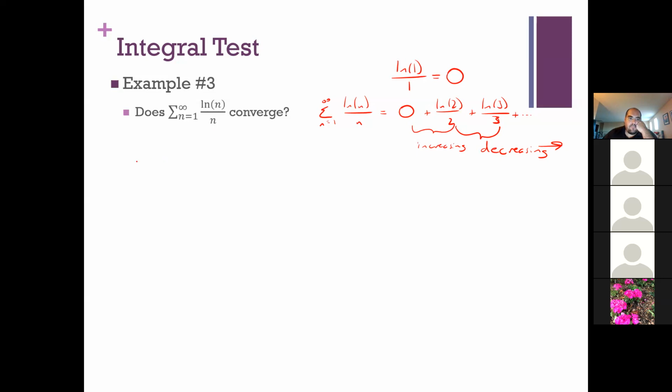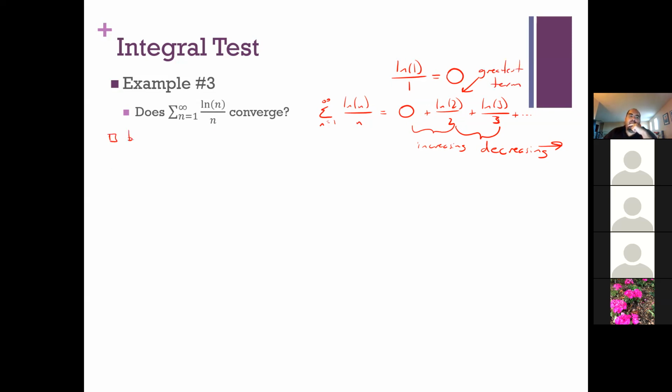So it's bounded. It looks like it's going to be bounded. That's another good thing to bring up from last week. Clearly, this thing is never going to be negative. Also, I think natural log of 2 over 2 is the greatest term.